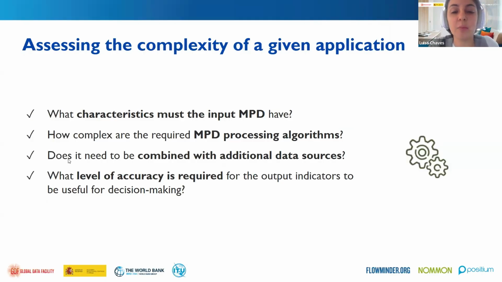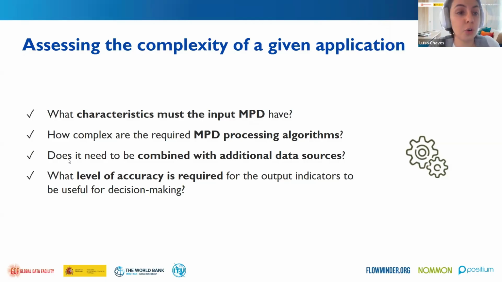Once we have analyzed the impact of policy applications, we need to ask ourselves, how complex is it to implement it? So here we need to ask ourselves 4 other questions. First, what characteristics must the input mobile phone data have? This is really important, especially when we are talking with operators.